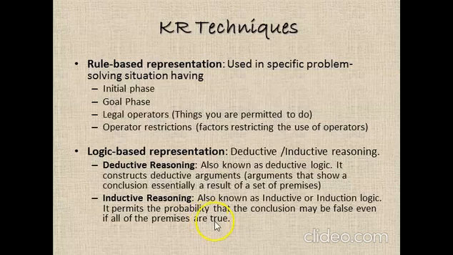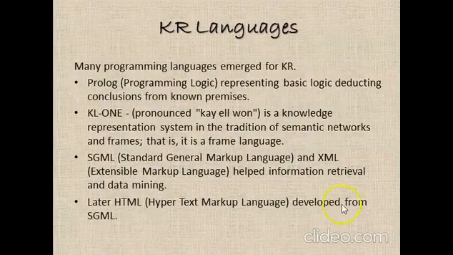We can assume some probable values, which may lead to a wrong or false conclusion even if the available values are true. That probability of assumption is permitted in inductive reasoning. So both these reasoning techniques fall into logic-based representation. Those are the knowledge representation techniques.